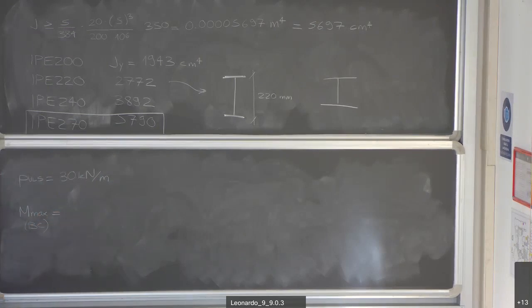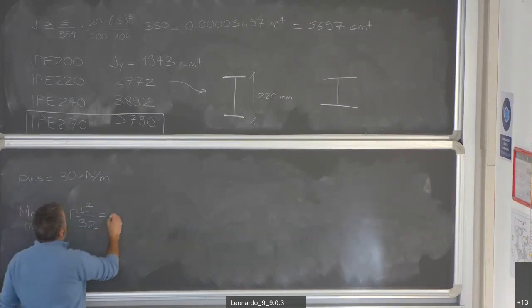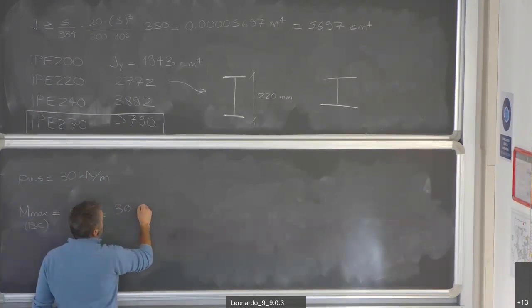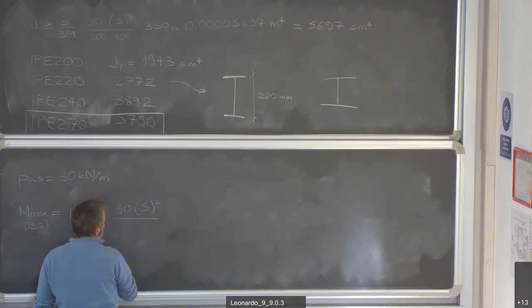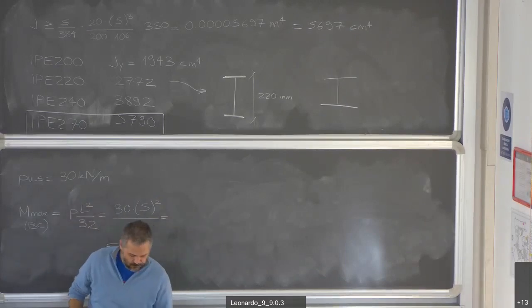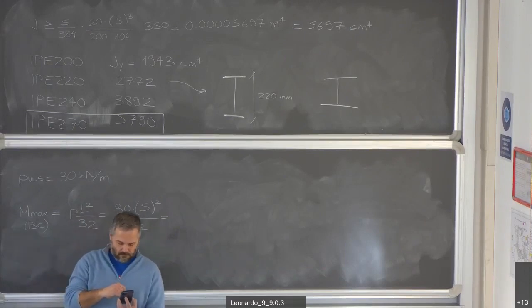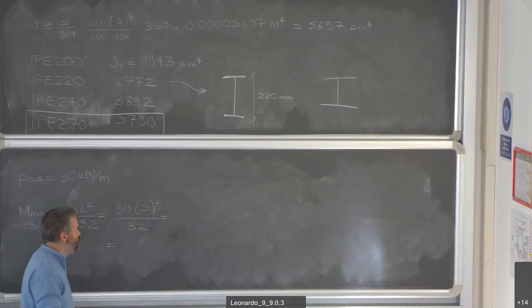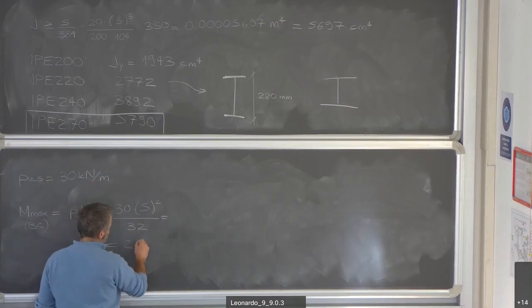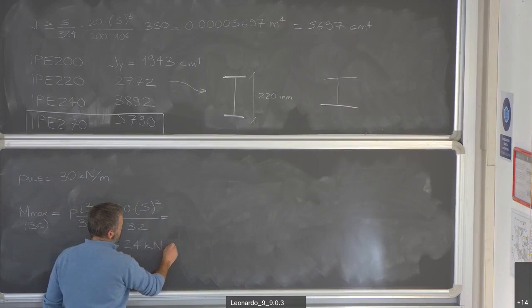For beam BC, we've seen it just previously. It's PL squared divided by 32. Replacing the numbers, we have 30 times 5, which is L, to the power of 2, divided by 32. 30 times 25 divided by 32 is 23.4375. Let's make it 24 kilonewton meter.